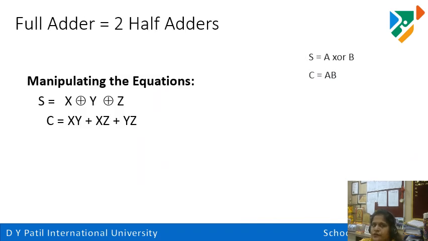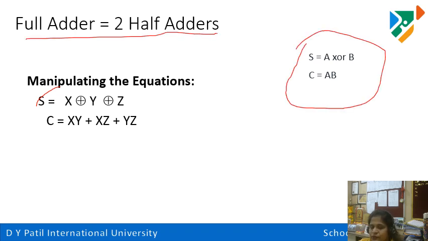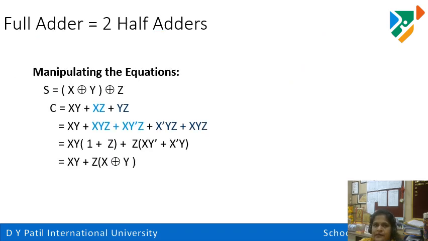So in short, this is the equation of a full adder and this is the equation of a half adder. A full adder is equal to two half adders. A combination of two half adders is called a full adder.